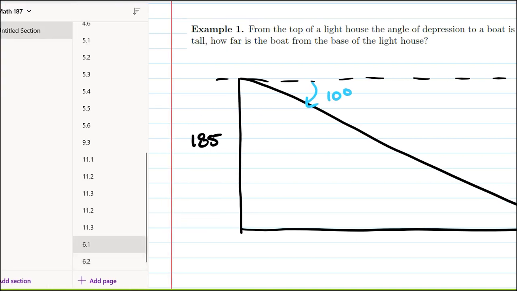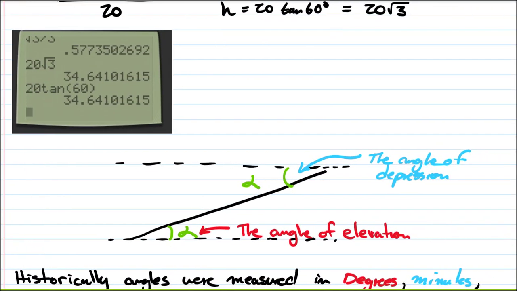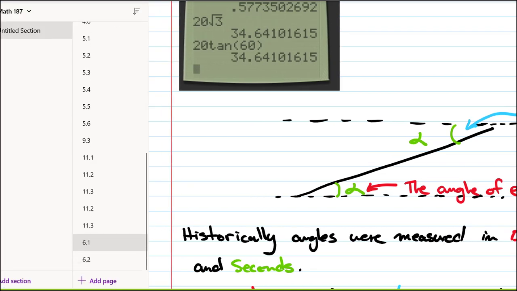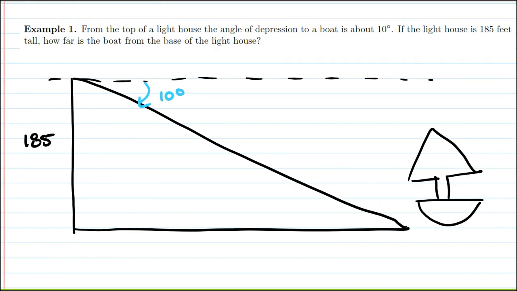So that means it's going to be this angle. So remember, when we were talking about this in the previous section, the angle of depression is the positive angle as measured from the horizontal, but remember, it is equal to, by the fact that we have a transversal of two parallel lines, the angle of elevation from the boat by opposite interior angles. So coming back to our diagram that we're drawing here, if that angle is 10 degrees, then this angle must also be 10 degrees.